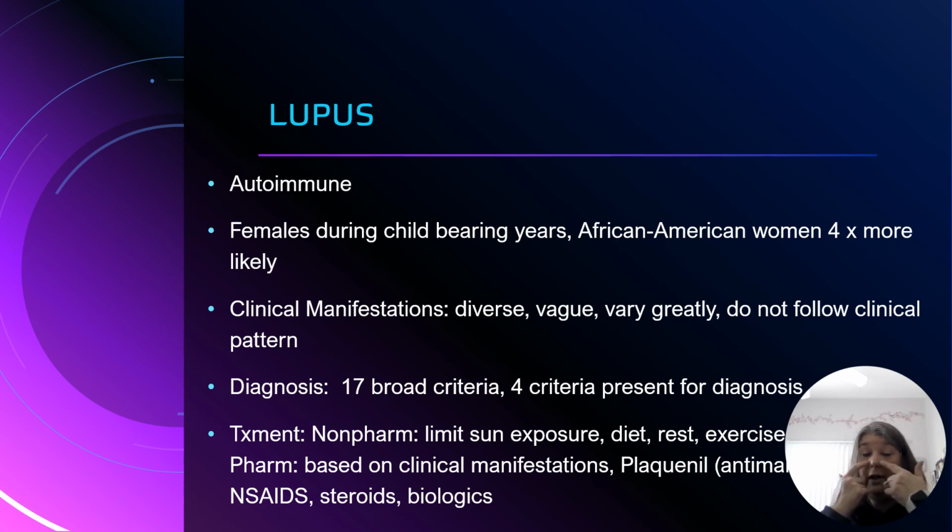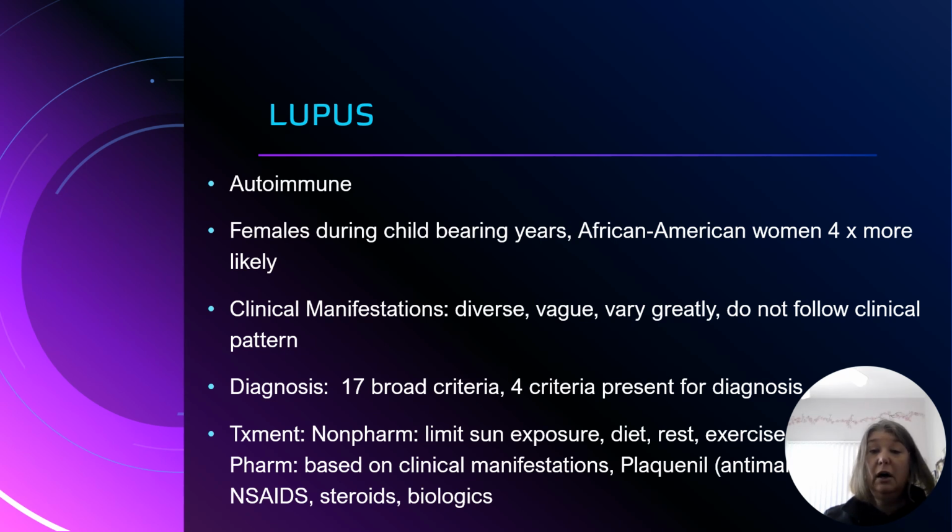That's that butterfly rash. That is a very telltale sign of lupus, but you can also see it with other autoimmune diseases. You may have oral ulcers, thinning hair, joint tenderness, pleural or pericardial effusions, renal and neurological disorders, hematological disorders such as thrombocytopenia, leukopenia or anemia.